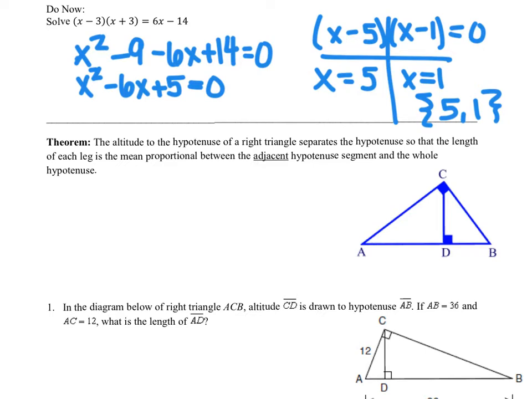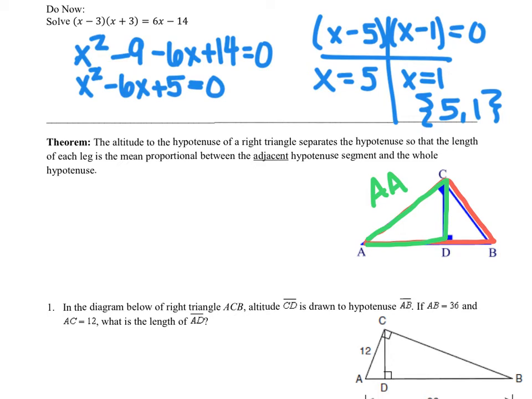So what that means is, like we talked about yesterday, we know that these triangles are similar. We know that triangle ACB is similar to triangle ACD because of angle-angle.